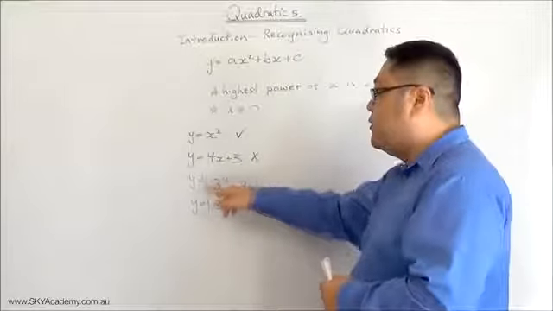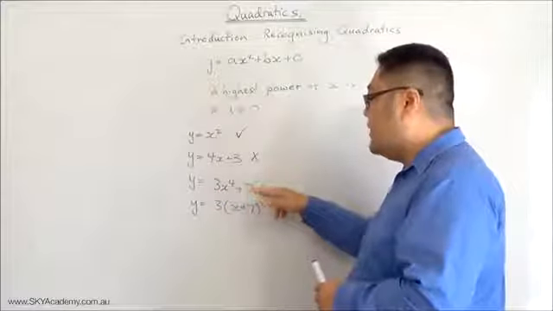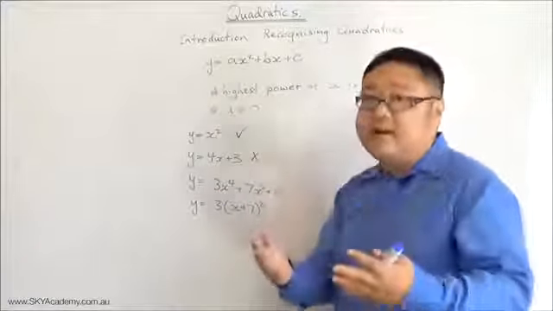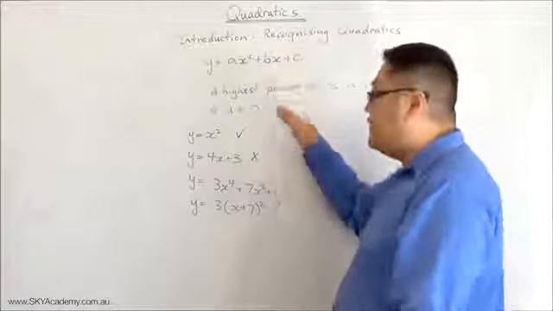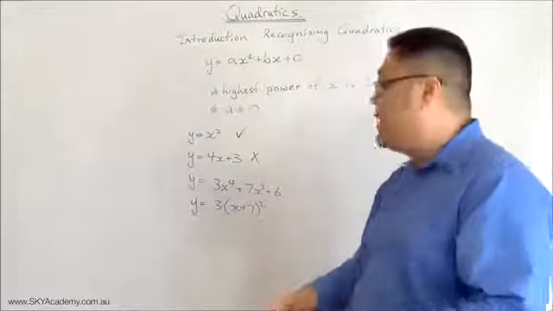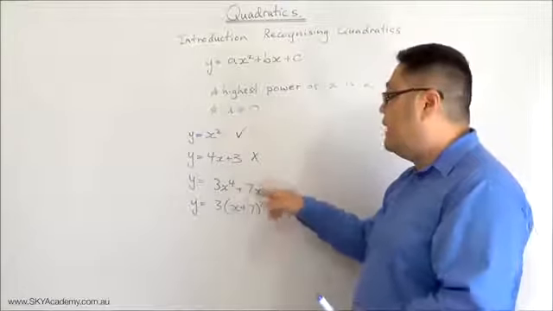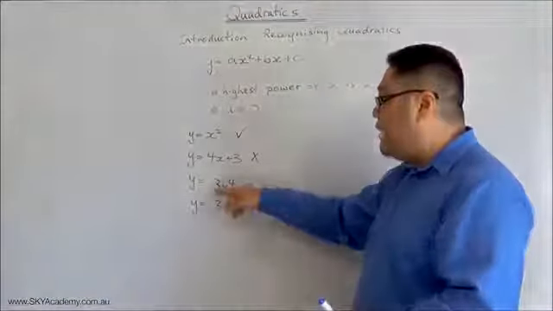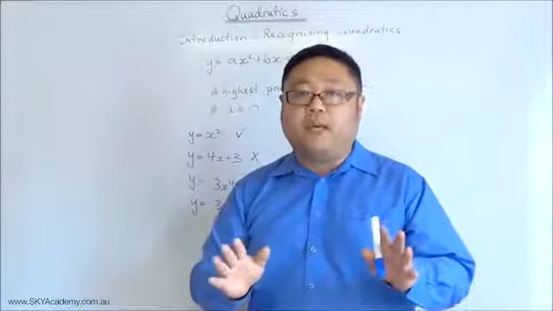This next one, y equals 3x to the power of 4 plus 7x squared plus 6. Is that a quadratic? Well, strictly speaking, from our definition, it's not a quadratic because the highest power is 4. And you've got your a, your b, and your c. Let me just go on a side point here.